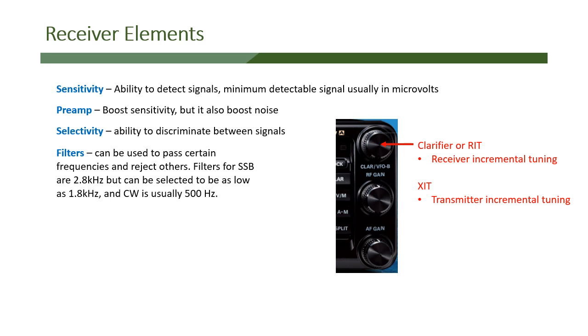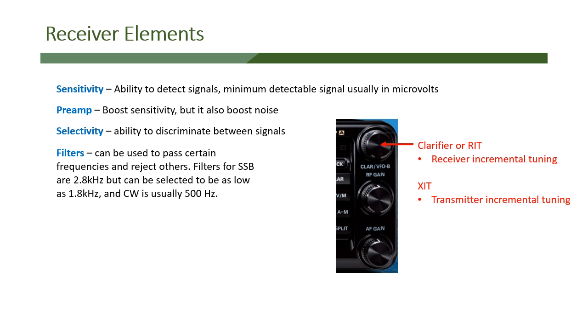So selectivity is a way for us to discriminate between signals. Even though on SSB, for example, the traditional bandwidth we use for radios is about 2,800 hertz, you have a choice in most modern radios to have filters put in, especially when the bands become very crowded and people are talking literally over each other, not on purpose, but because sometimes one station is not in range of the other station, but it's in range of you, so you could hear both stations.